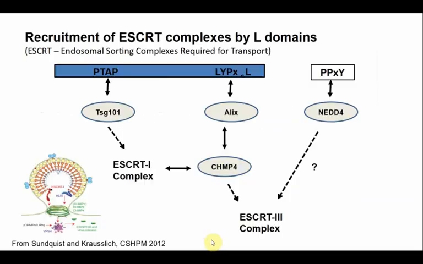So their function is to recruit cellular proteins in what is called the ESCRT complex. So PTAP recruits TSG101, and these other motifs recruit other proteins, ALIX and NEDD4, that form this ESCRT complex. And the ESCRT complex forms these proteins around the base of the budded virus particle, and then in the end, cuts it off.